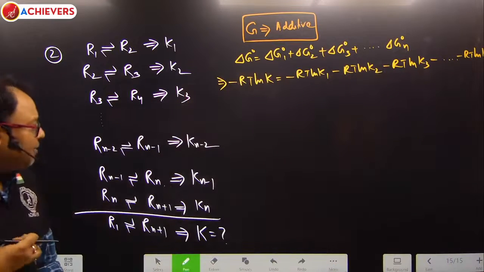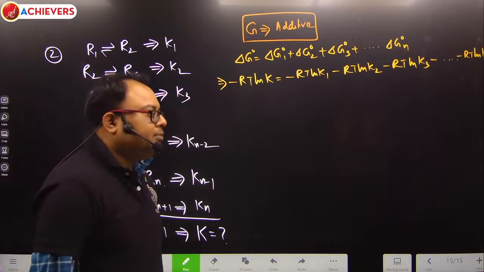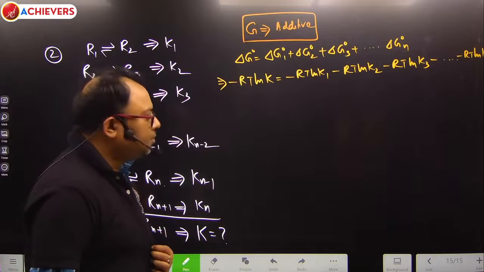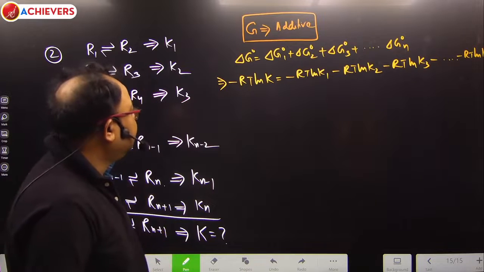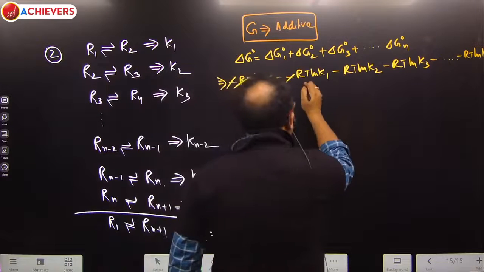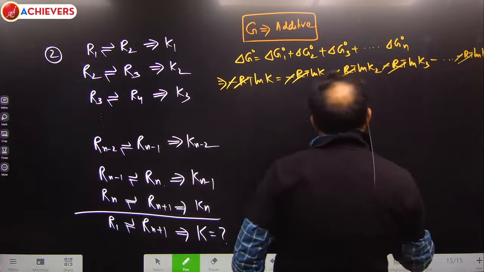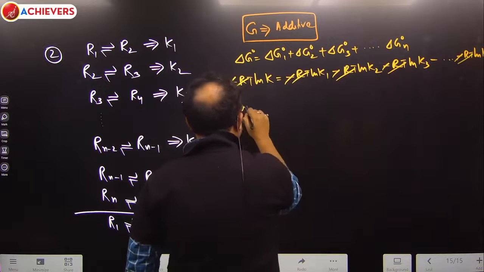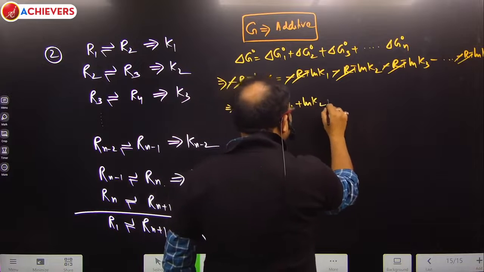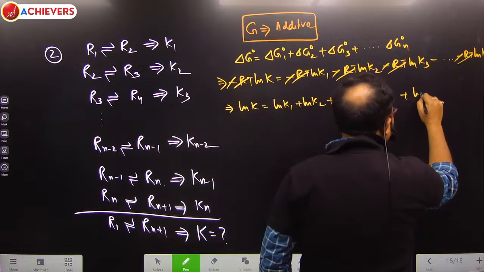Just substitute the values. Now minus RT terms will get cancelled out. So ln K becomes ln K1 plus ln K2 plus ln K3 up to ln Kn.